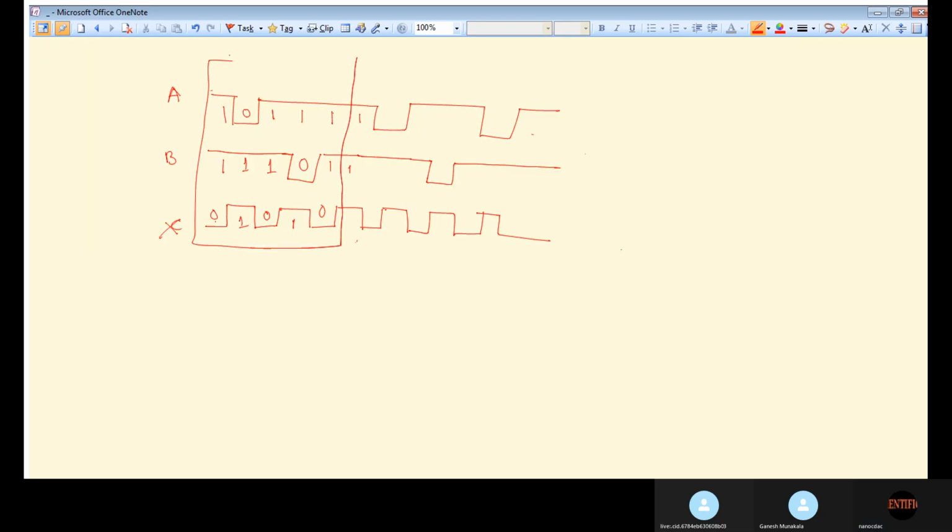Look here. So this circuit I will erase it off. Till here you see and tell me which circuit it is. NAND.